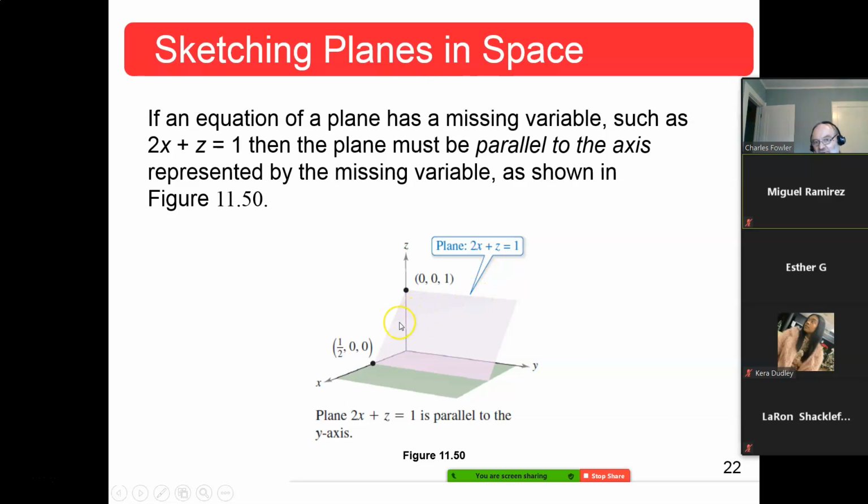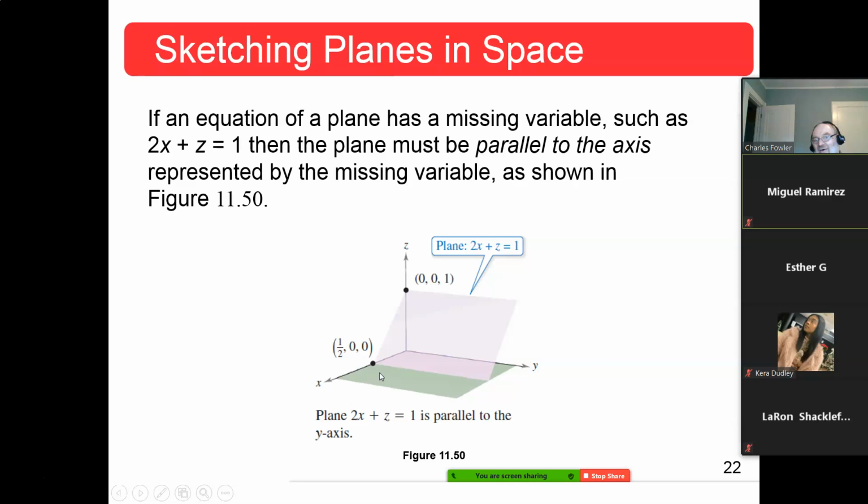So in other words, you're going to be in the xy plane. This would be the line in the xy plane. 2x is equal to 1. So x equal 1/2. So there is your point (1/2, 0, 0). Same thing here, set x equal to 0, and you got z is equal to 1. (0, 0, 1) would be here.